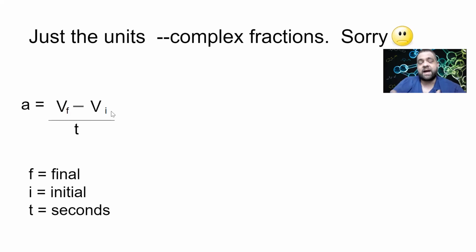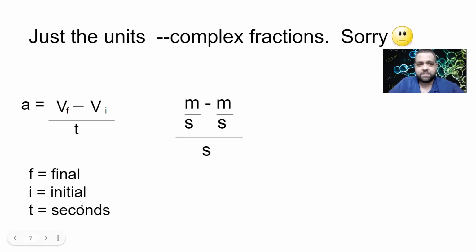I usually use initial velocity. That seems to be what most people use, and I'm going to continue to use initial velocity just to be consistent. But again, other teachers and sources might do it a little bit differently depending on context, so keep that in mind. So as always, t is going to be in seconds.